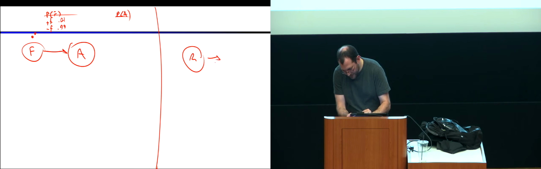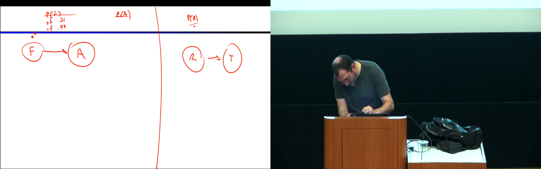There's rain, causes traffic. And remember, we decided that probability of rain was, I don't remember what we said. Plus rain, minus rain, 0.3, 0.7. Now over here we have probability of traffic, given rain. There's the plus R case.